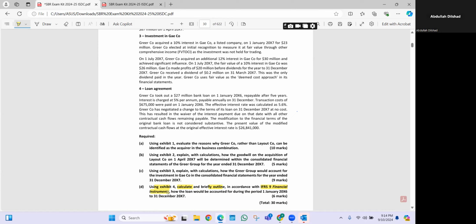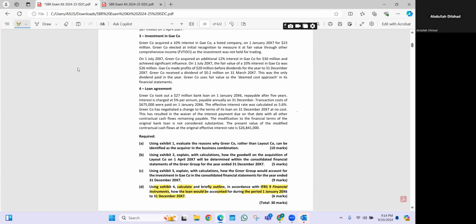We cannot guarantee that it would be in the first question or the third or fourth, but anyhow, this will be tested. It's a sure shot, 100% confirmed question, right? And how the loan would be accounted during the period 1st January 2006 to 31st December 2007, right?